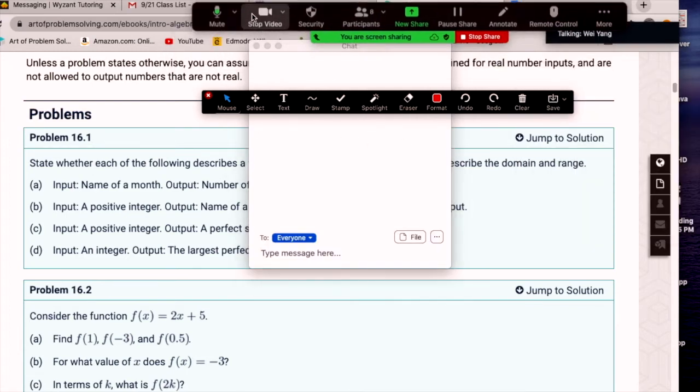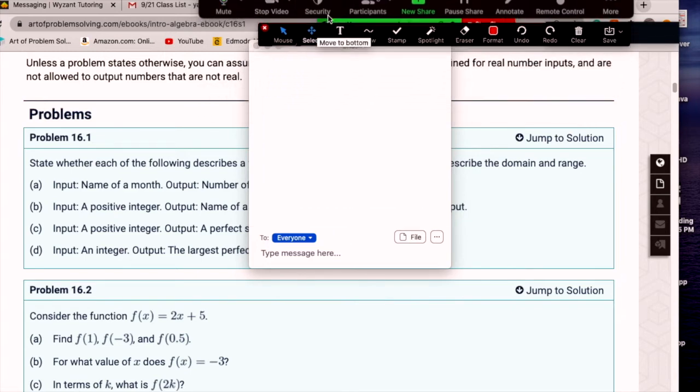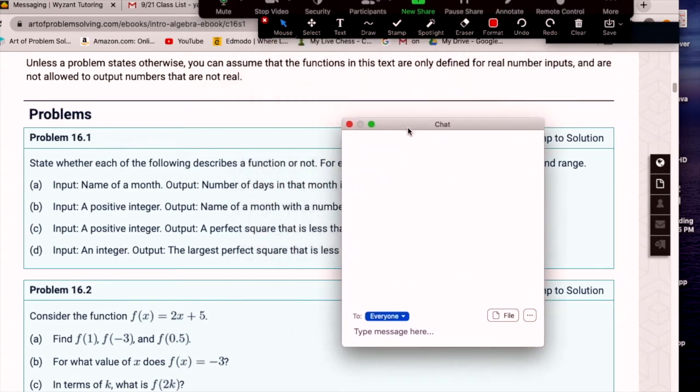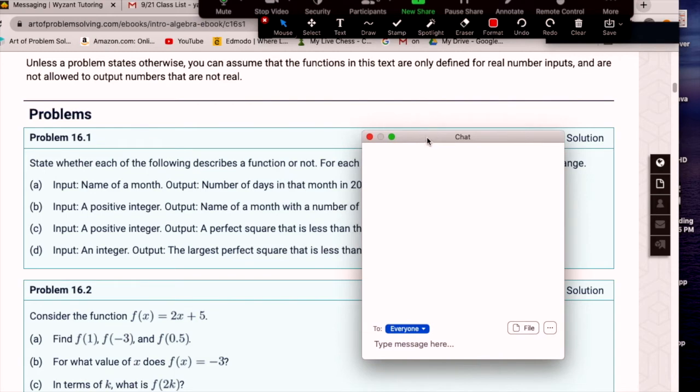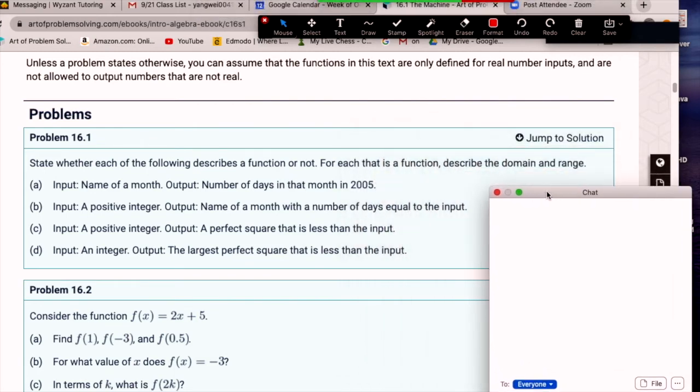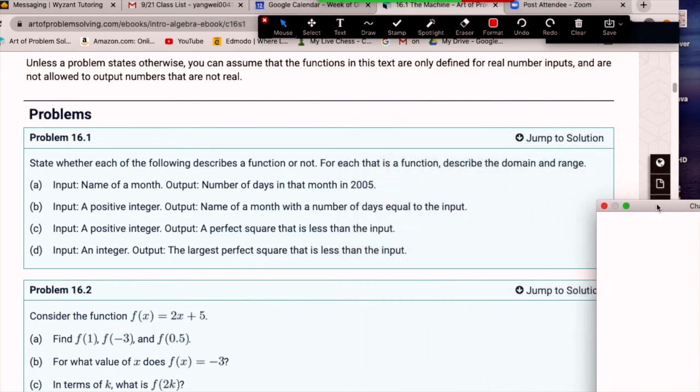Input is the name of the month. Output is the number of days in that month, then in 2005. This one is a function.